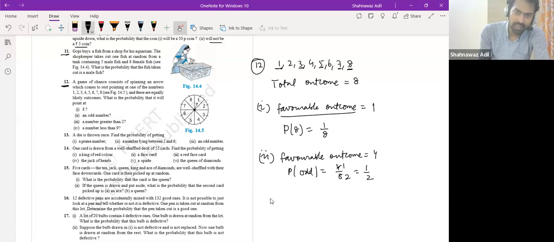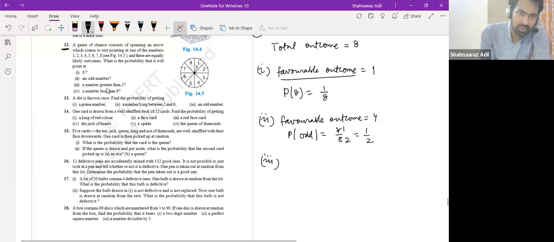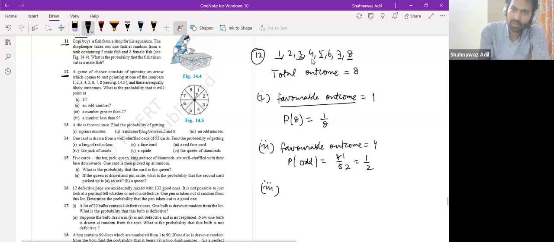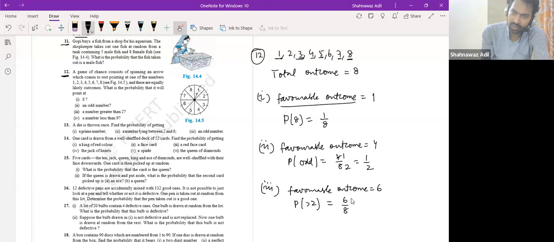And the third question is a number greater than 2. So 3, 4, 5, 6, 7, 8. The favorable outcome is 6. So P of greater than 2 is 6 by 8.